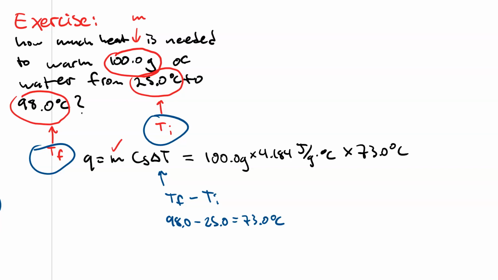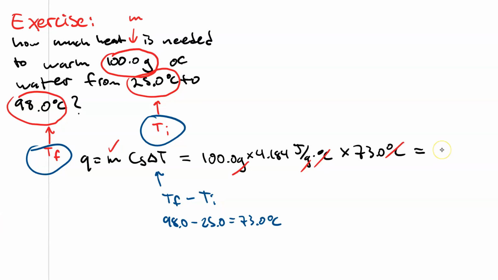And as you can see, grams cancels and degrees Celsius cancels, and we get an answer in joules because heat is a form of energy. And my calculator tells me 3.05 times 10 to the 4th joules of energy. Should be a lowercase j.